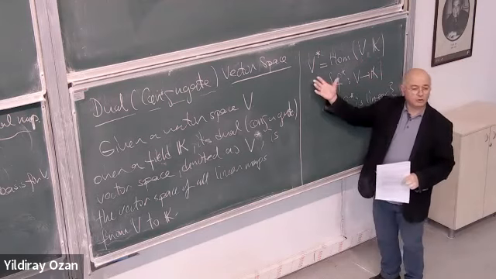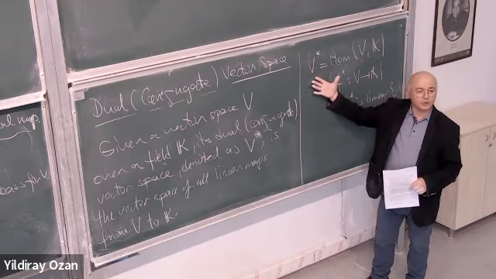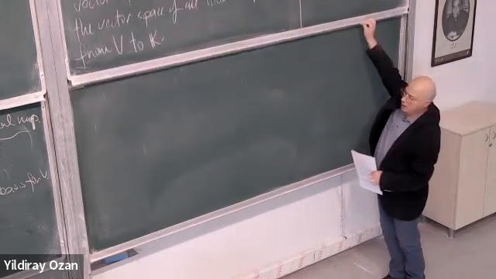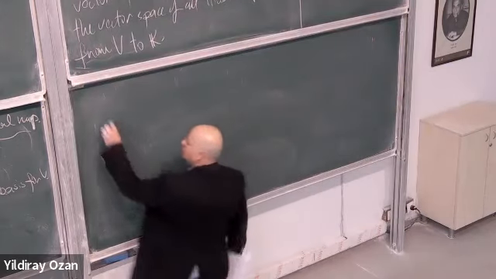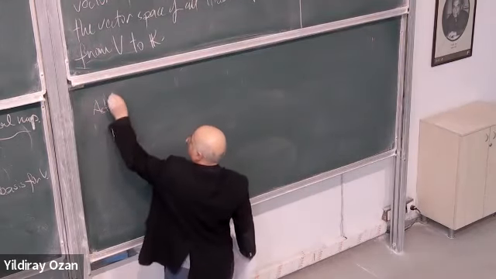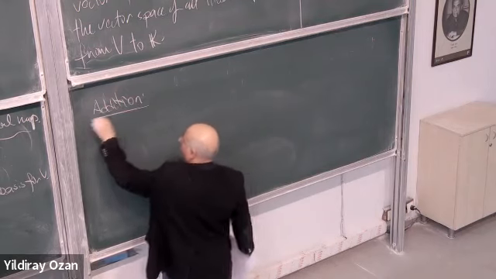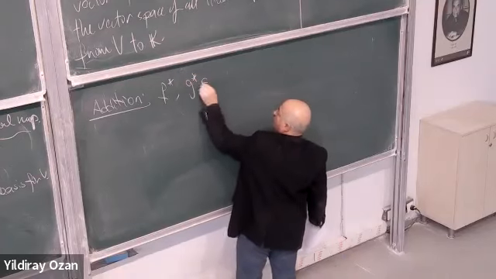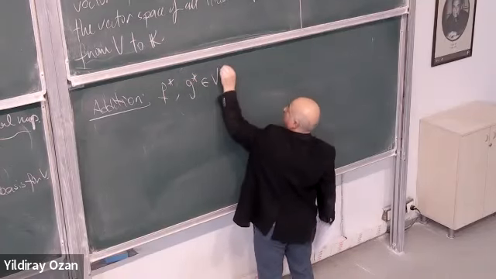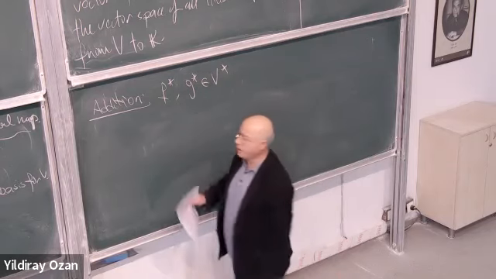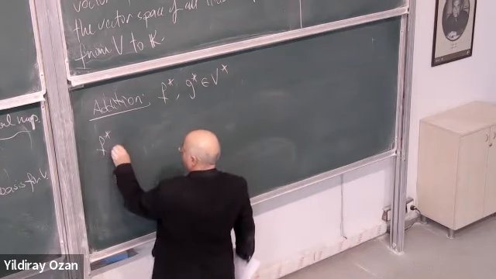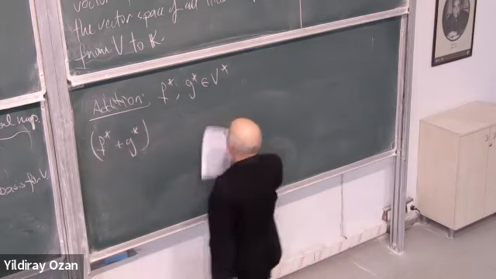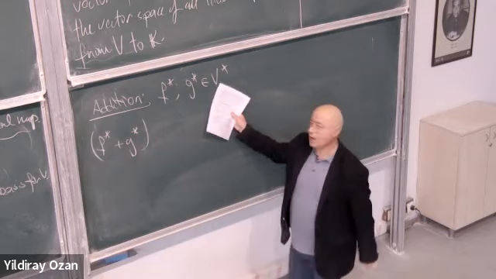I have to tell you the vector space operations on this set. So what are they? Addition. If I have two elements in V star, I have to tell you how to add them up. The sum should be another element in V star.